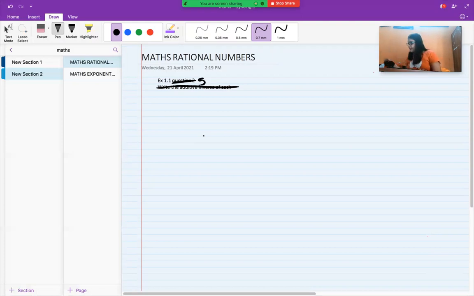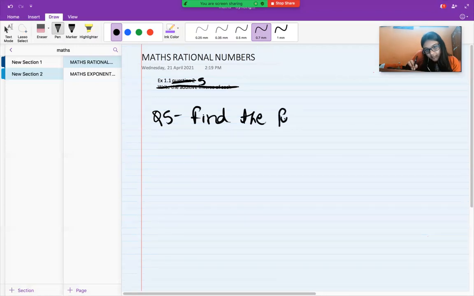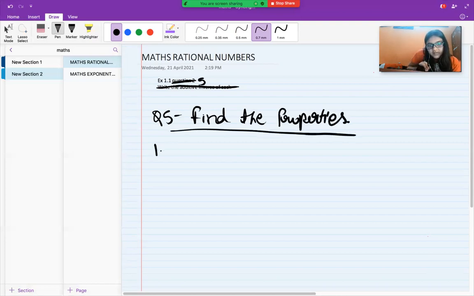So it's first, second, and third. You need to find the properties. So question number 5, find the properties.